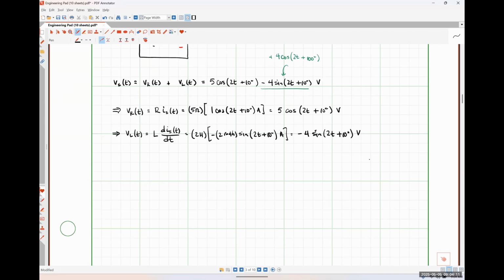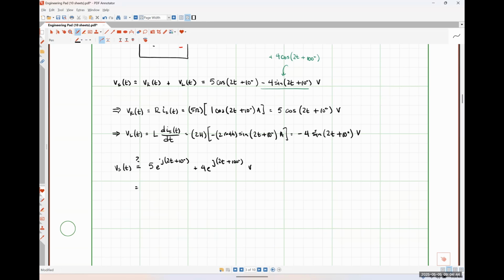So essentially, I'm going to say that Vs of t is, maybe, equal to 5 e to the j(2t plus 10 degrees) plus 4 e to the j(2t plus 100 degrees) volts.